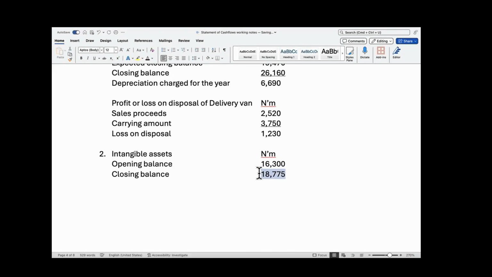I see that there is an increase in intangible assets. And this increase, don't overthink, is an acquisition. For it to have increased, that means they bought intangible assets that year. So what's the difference? 2,475. You put it in your statement of cash flows. Move on.